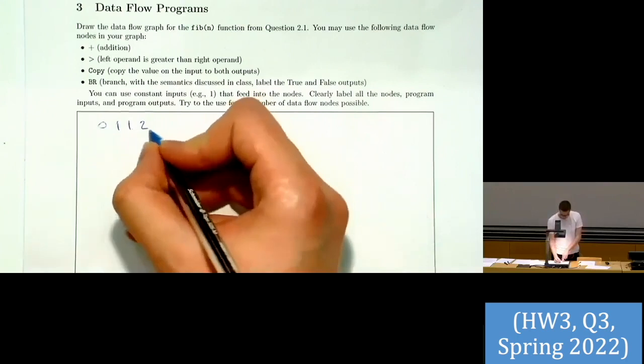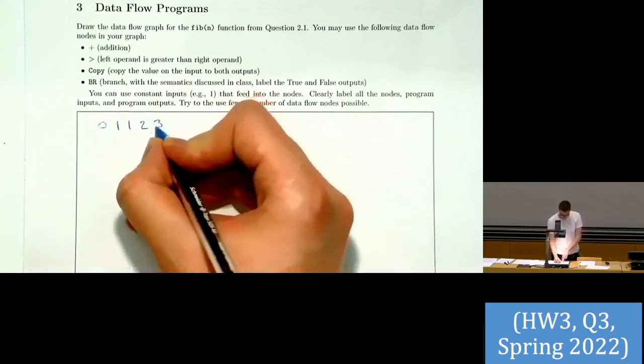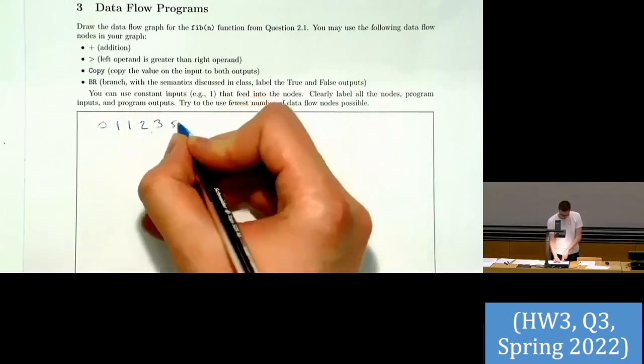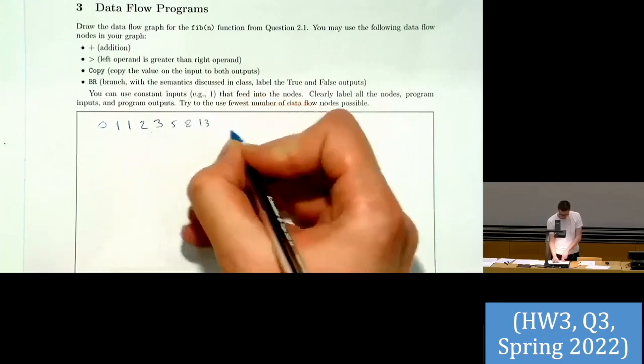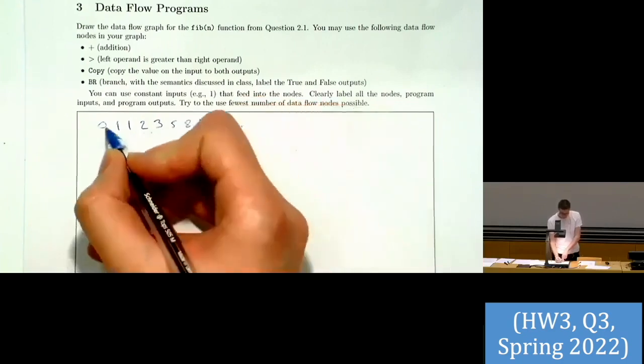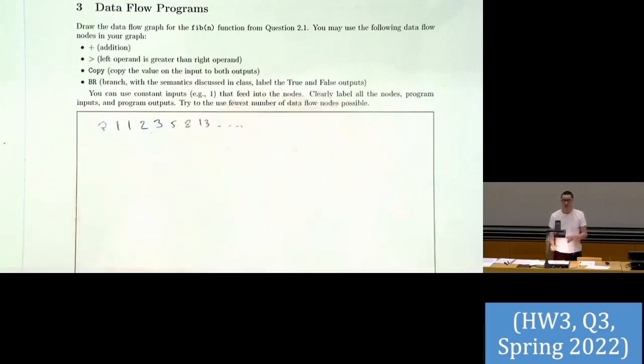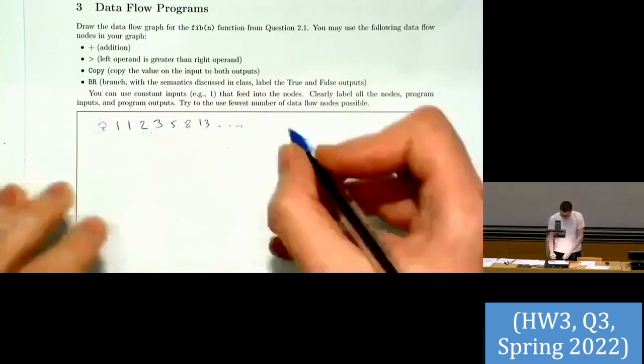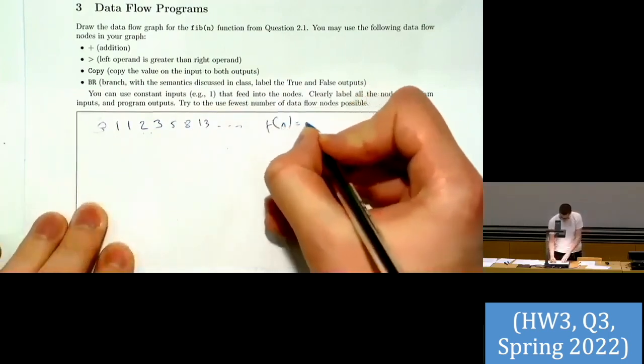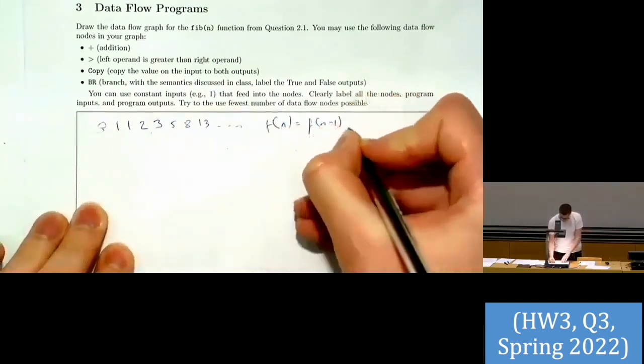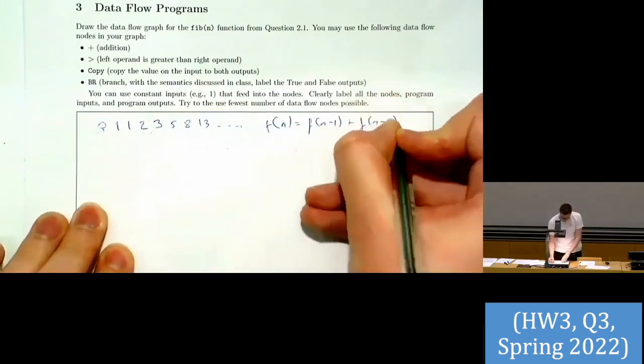So the next number is 1 plus 2, and the next is 2 plus 3, and then 8, then 13, and it goes like this. F0 is 0, and F1 is 1. This is by definition. And the rest is Fn minus 1 plus Fn minus 2.